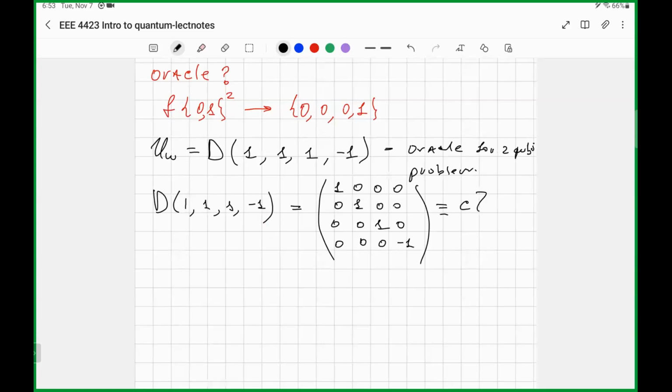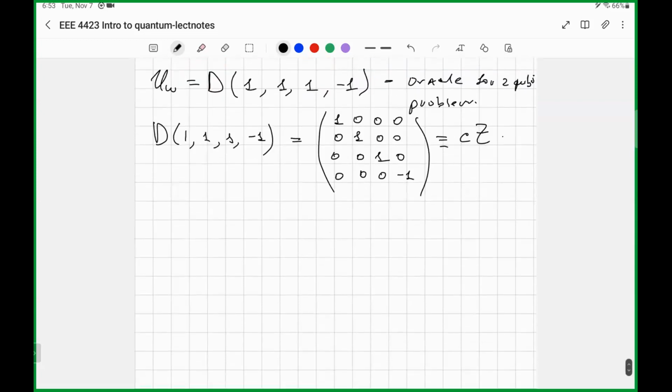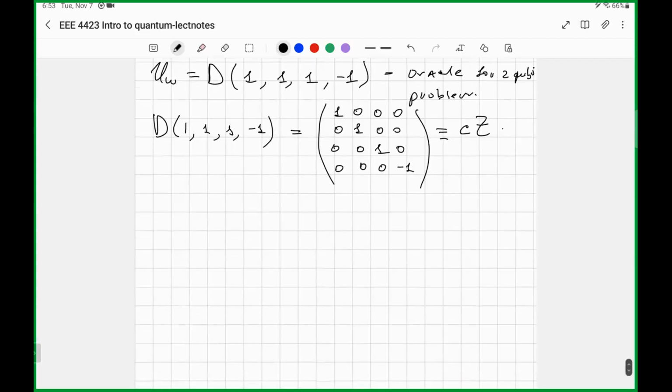We didn't discuss the control Z gate in the part about 2-qubit gates, because it can be represented through a combination of the Hadamard gate and the control X gate.